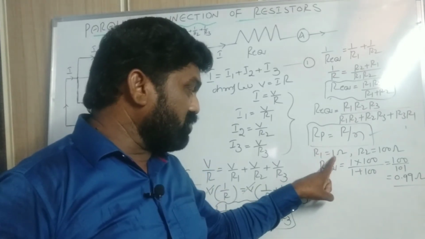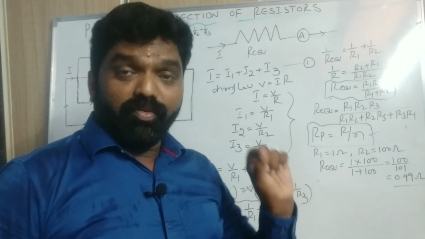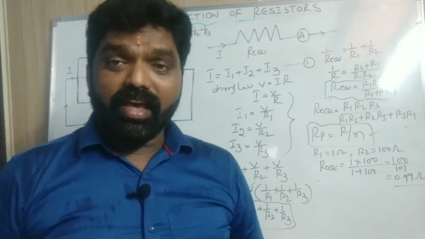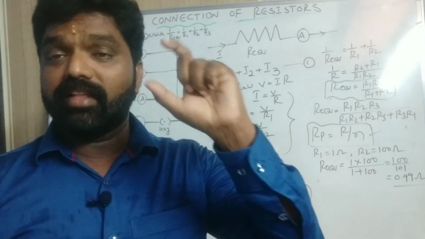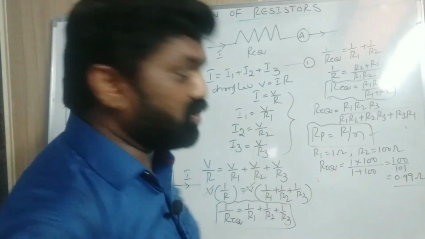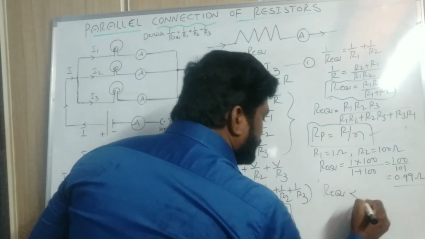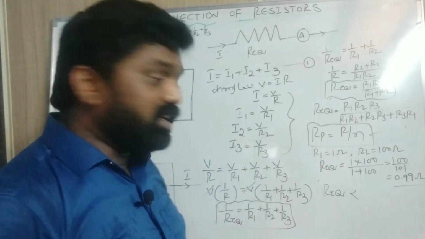See here, R1 is 1 ohm, R2 is 100 ohm. Now, when resistors are connected in parallel, the equivalent resistance is always less than the resistor which has the least resistance. See here, REQ is less than the resistor which has the least resistance.